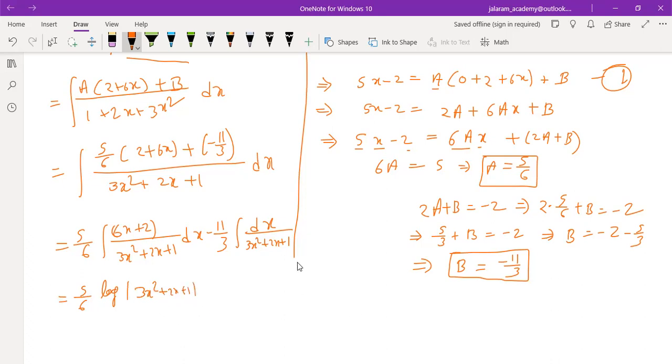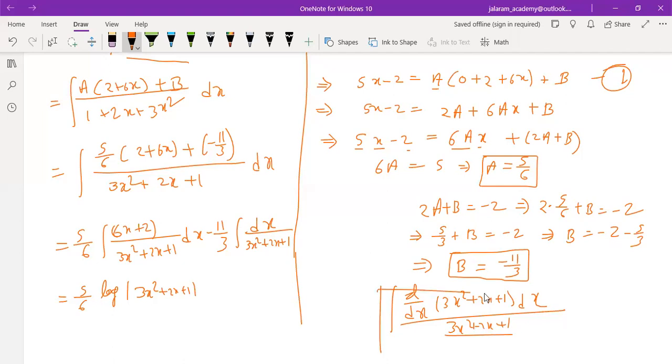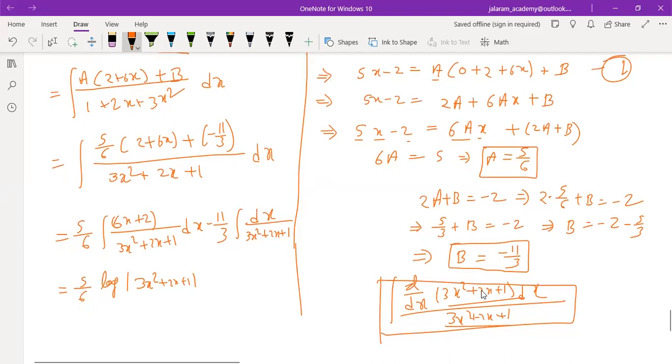Have you understood how we are able to write it directly? As we already have d by dx of 3x square plus 2x plus 1, which is the numerator, over 3x square plus 2x plus 1. So if you put this 3x square plus 2x plus 1 as t, it will produce the numerator as 6x plus 2. So it is dt by t, that is log t. Is that clear to you?